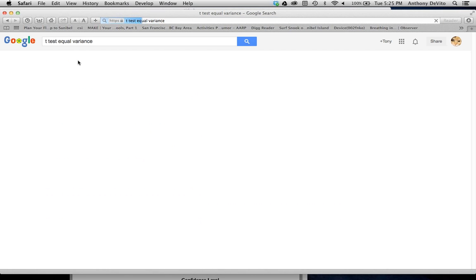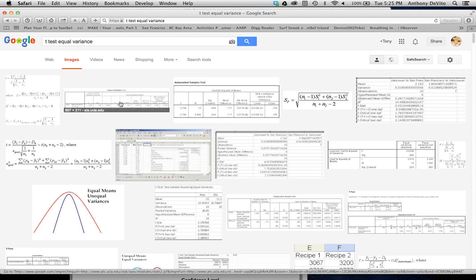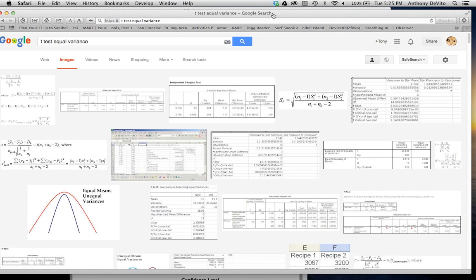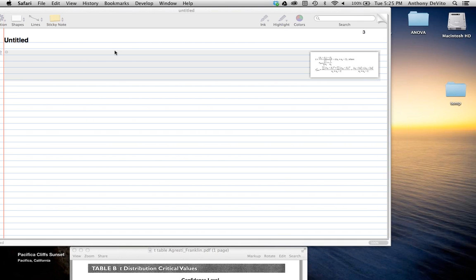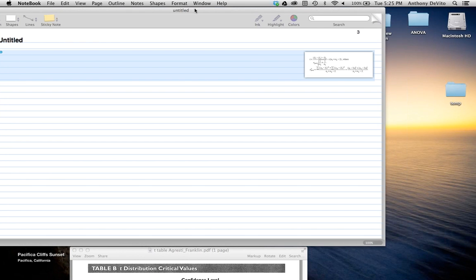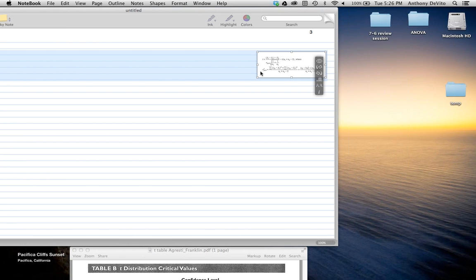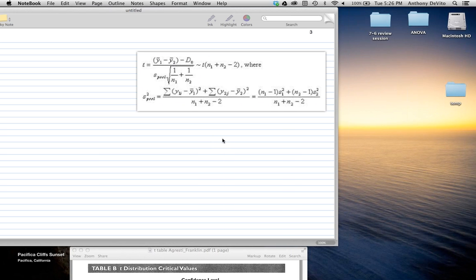Okay, it's tough for me to draw these formulas out, so I'm hoping to find one. Oh, here we go. Okay, so here are the formulas that we would use if we were to work with and assume equal variances.